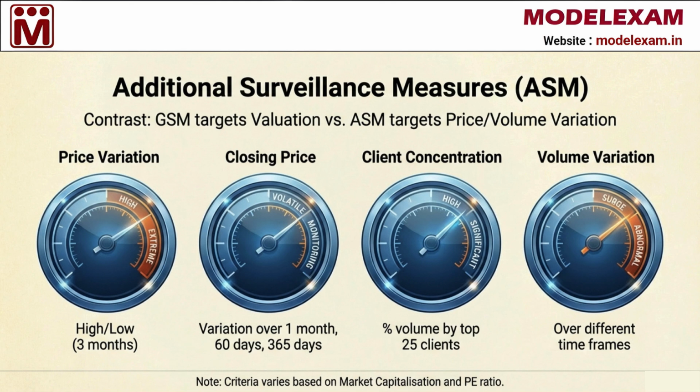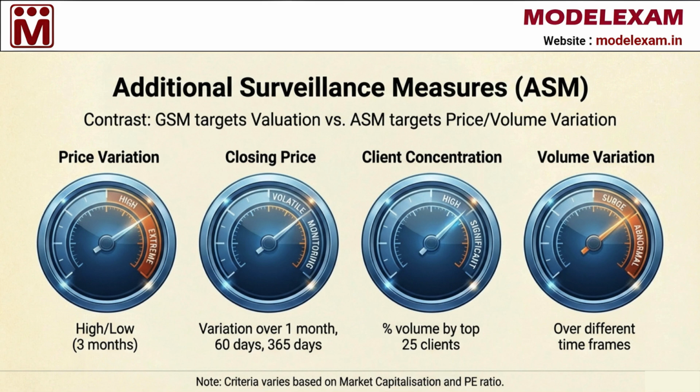Now, let us move to the second mechanism called additional surveillance measures or ASM. While GSM looks at valuation, ASM looks at volatility. It identifies stocks based on wild swings in price and volume. Look at the dials on the screen.